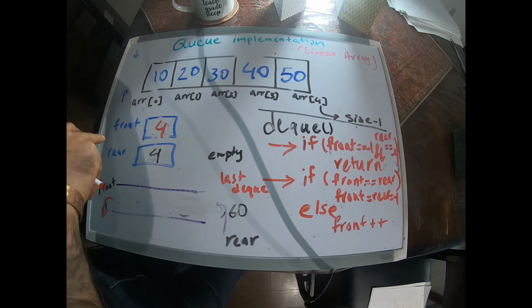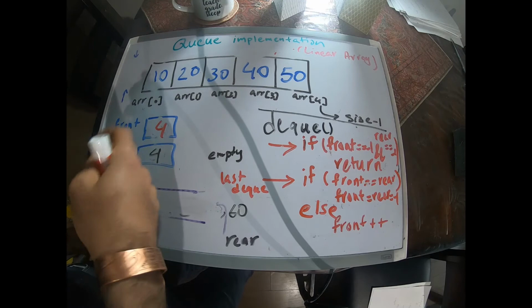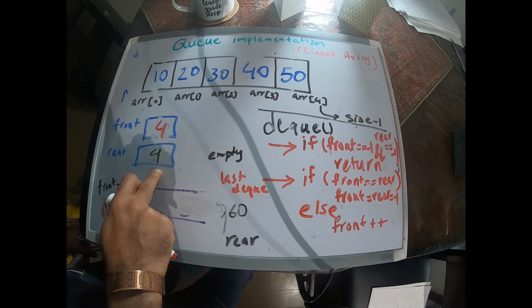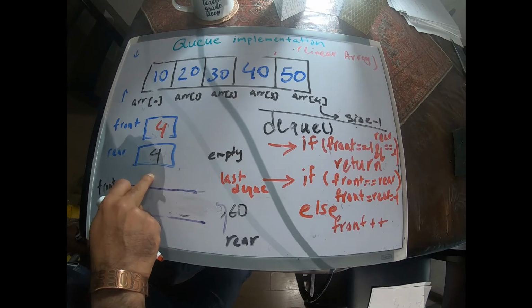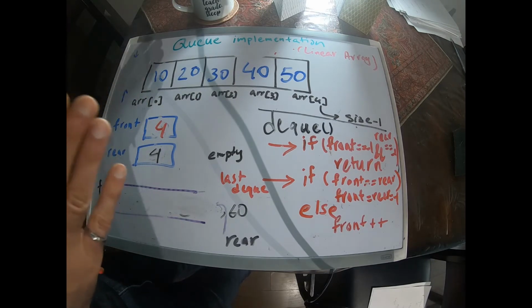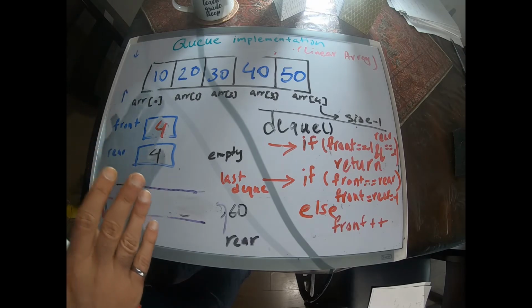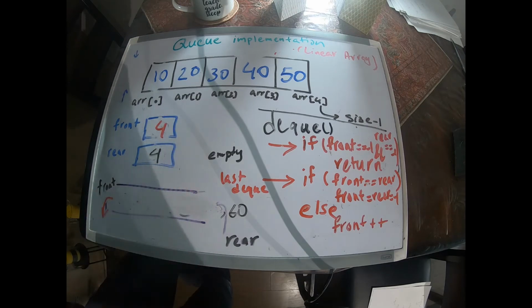If you want to write the rear or back of the Q, you only have to return A rear or array back. You just have to make sure that our Q is not empty though, so you always have to check that. If our Q is empty, there's nothing to return.